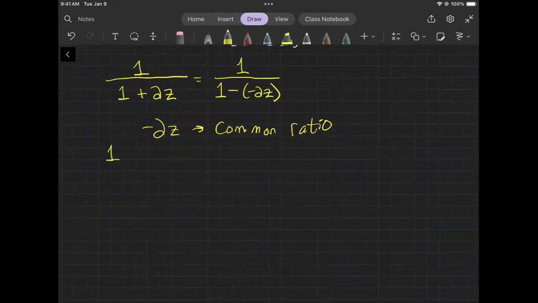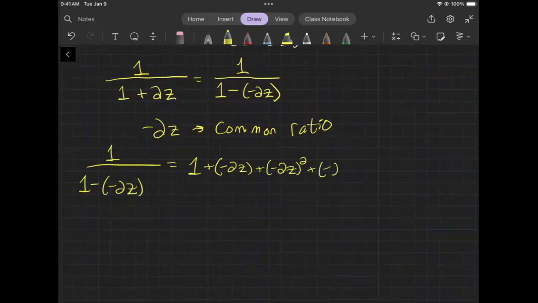Okay, so 1 over 1 minus negative 2z equals 1 plus negative 2z plus negative 2z squared. So we're plugging in negative 2z for every z we see in that geometric series, right? So plus negative 2z cubed plus negative 2z to the fourth, plus so on.